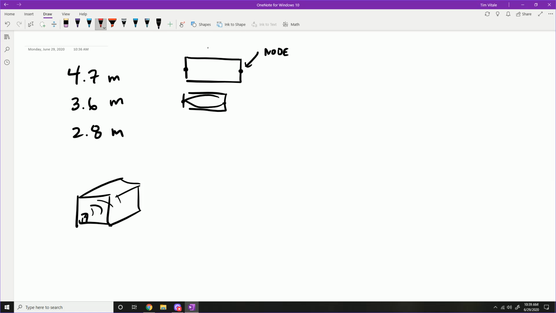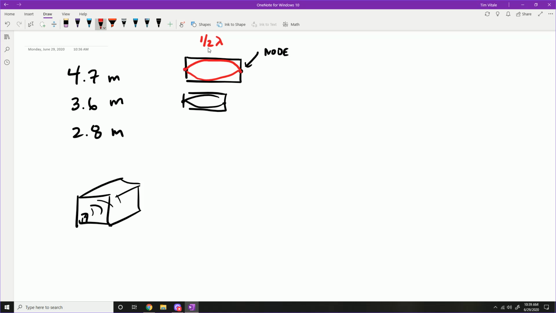The fundamental frequency is basically the largest wavelength, or the smallest frequency that we can create in this tube, or in this room, I guess. The largest wave we could create would be 1/2 of a wavelength, because both ends have to be nodes.